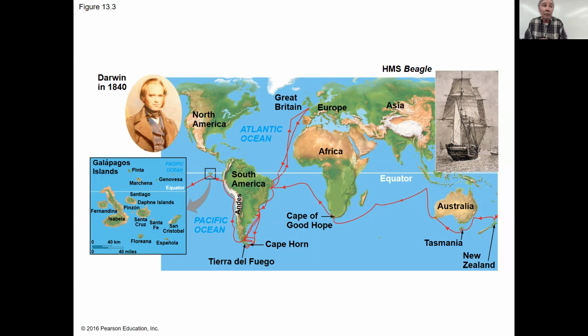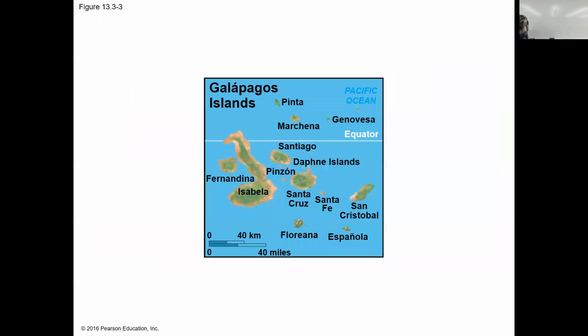He married his first cousin. They lived in a big, expensive house, and he spent the next 20 years working on the stuff that he collected during that voyage around the world. And there are the Galapagos Islands, a fascinating place.